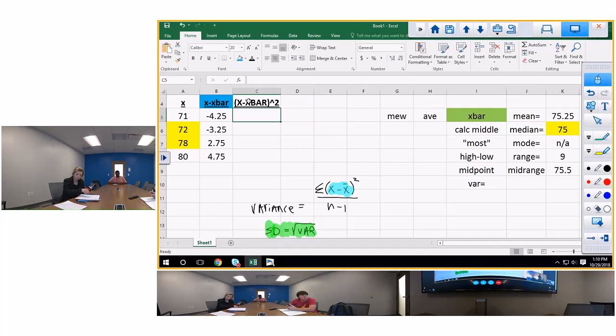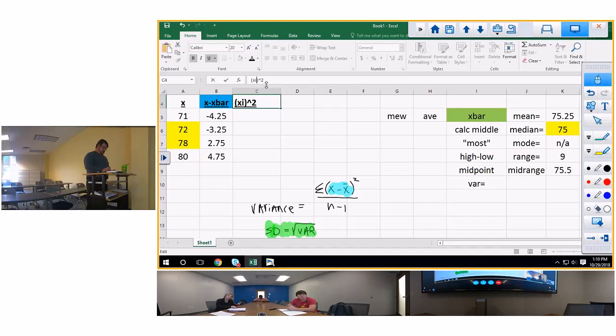Now everybody take your calculator and square each one of those.